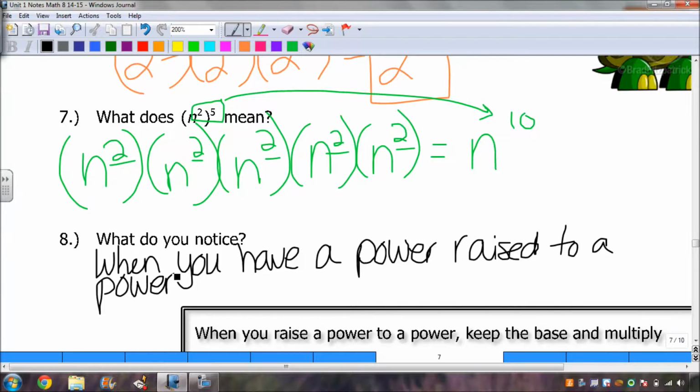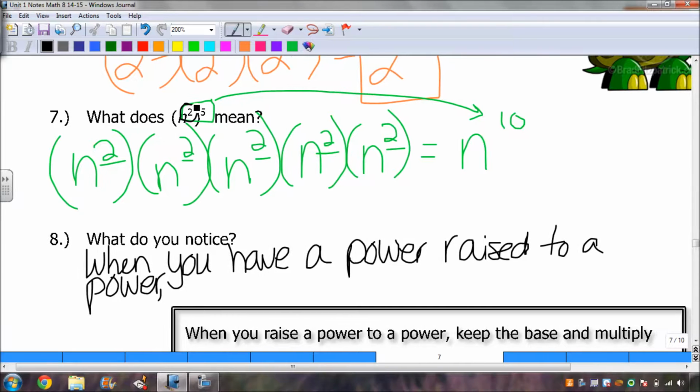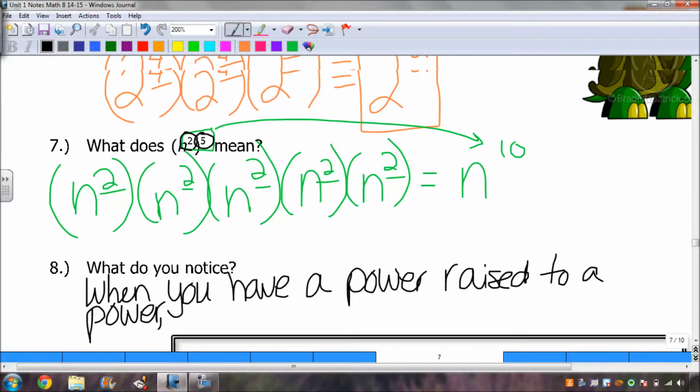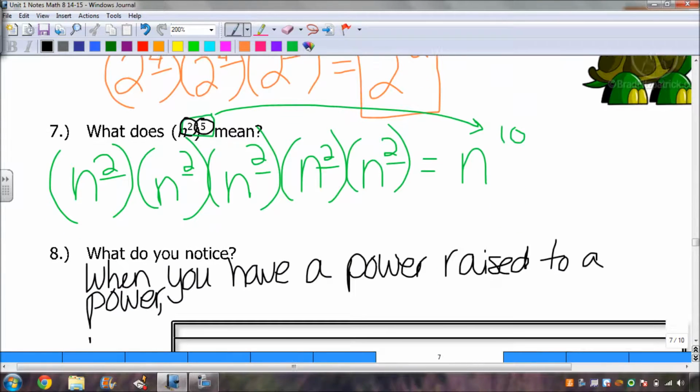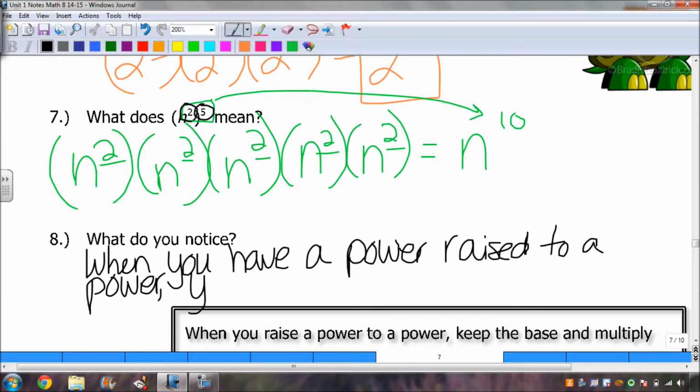So here's an example of a power raised to a power. Here's your first power, and it's being raised to a second power, right? And up here, again, here's your first power. It's being raised to a second power. Whenever you have a power raised to a power, what do you think you should do? Hopefully you wrote down that you should multiply the exponents.